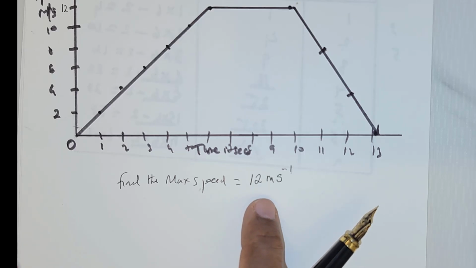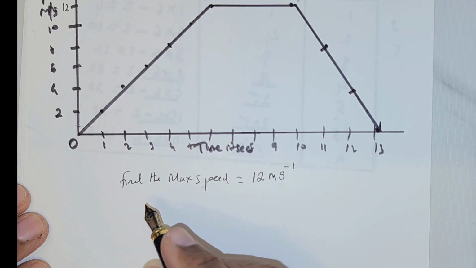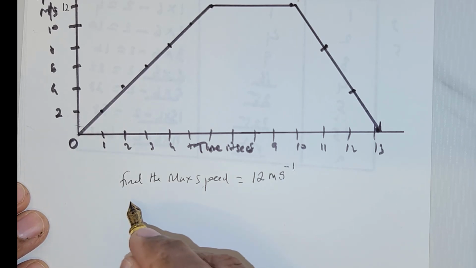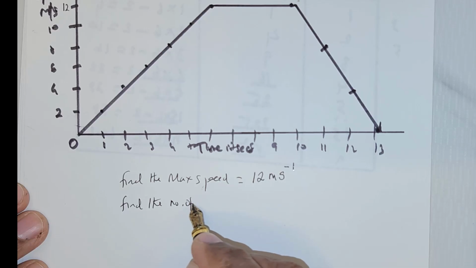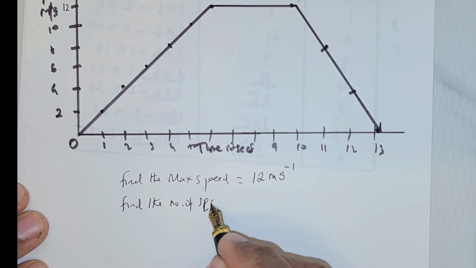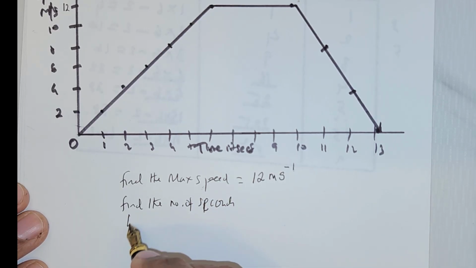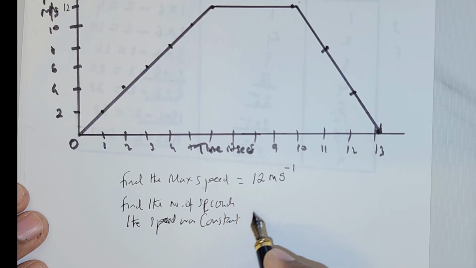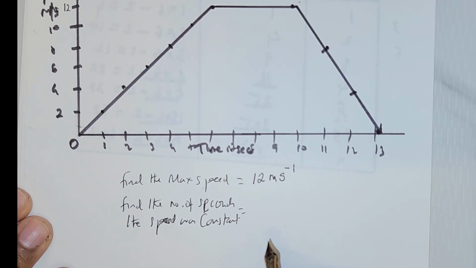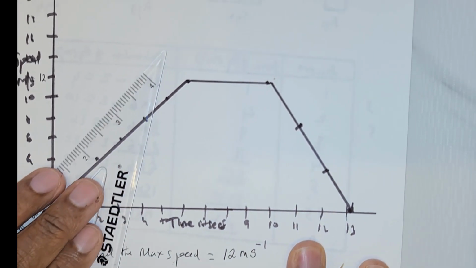Now the next is we need to find the number of seconds the speed was constant. Okay, I mentioned to you at the start.